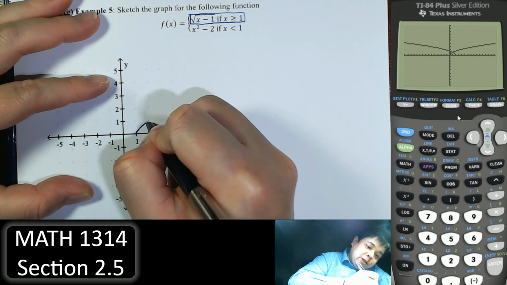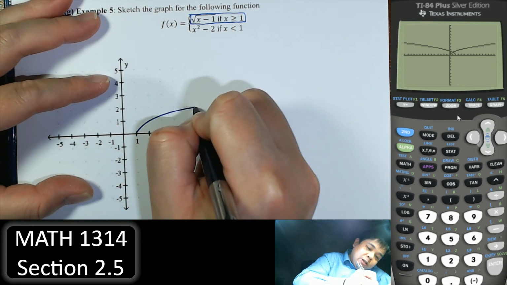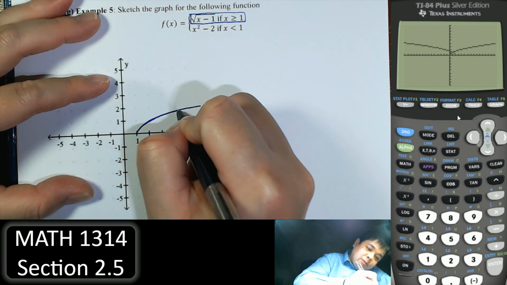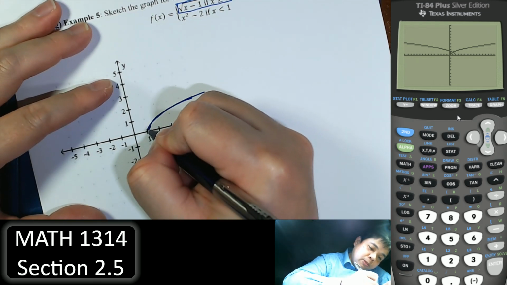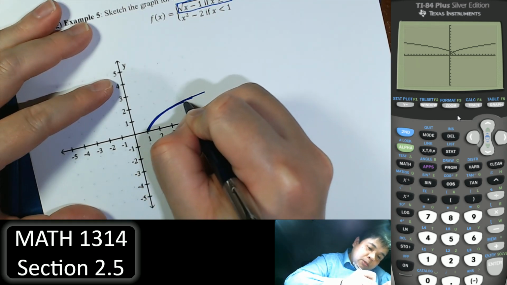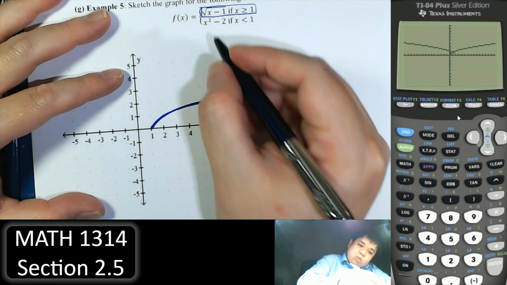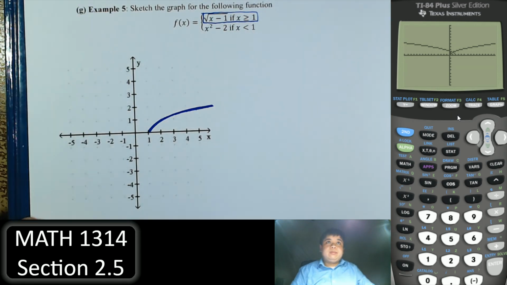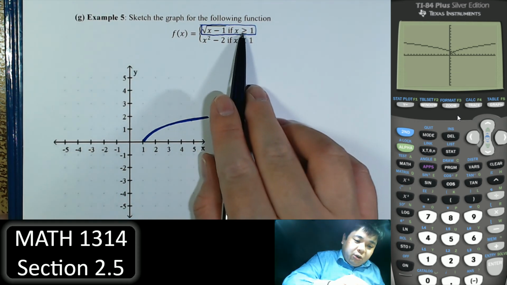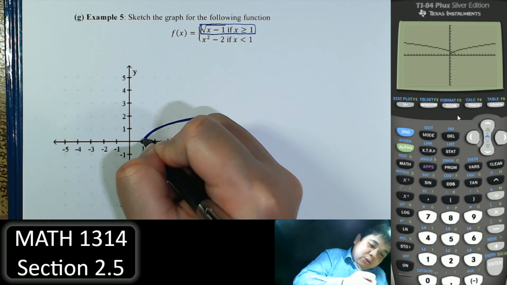So this is square root of x minus 1. And this is for x greater than or equal to 1, so that including the 1, so this is a dot here.